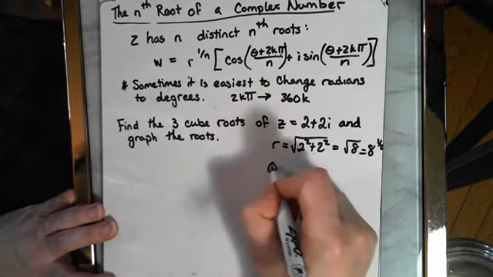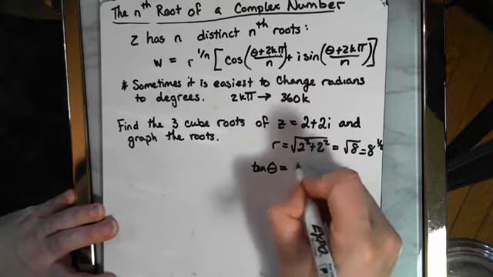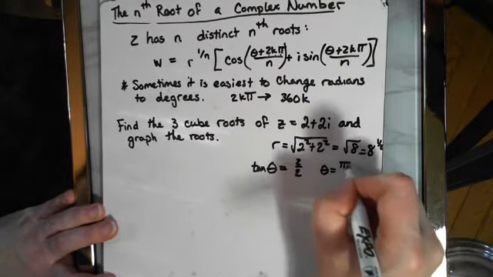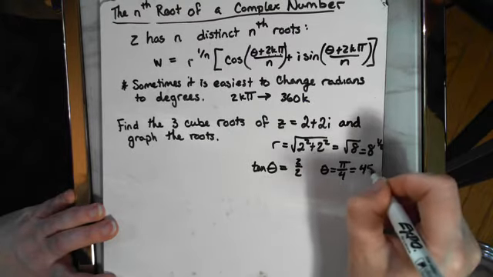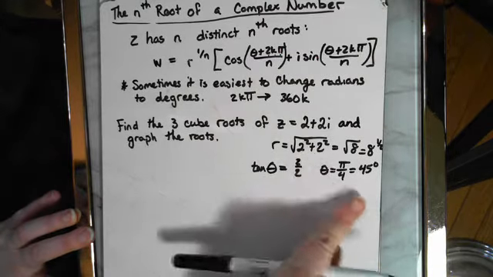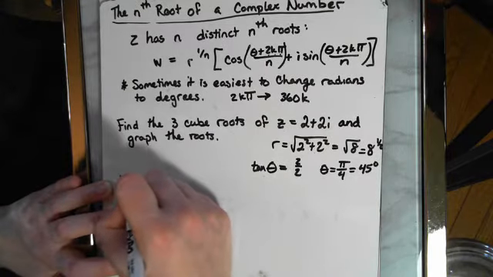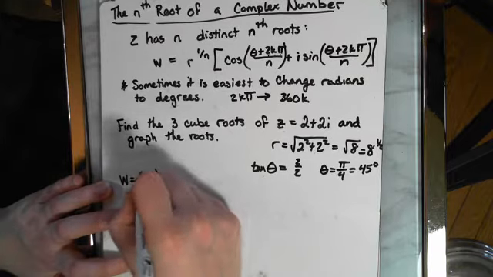For theta, we have tangent of theta equals 2 over 2, which is 1. So theta is pi over 4. But remember, I said I was going to work in degrees in this, so it's 45 degrees. Now what I'm going to do is take all of this and put it up into this formula. So I have W equals 8 to the 1/2.